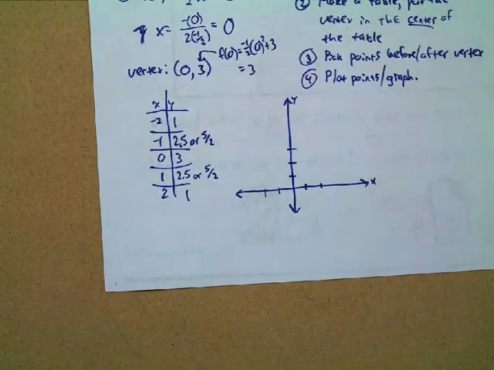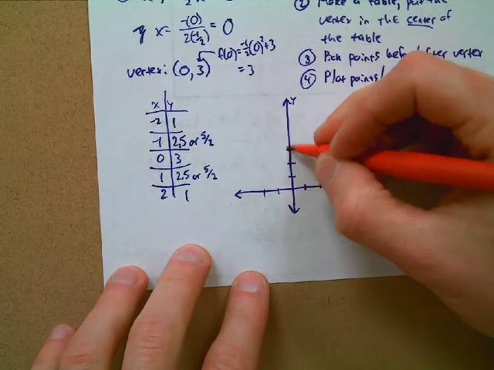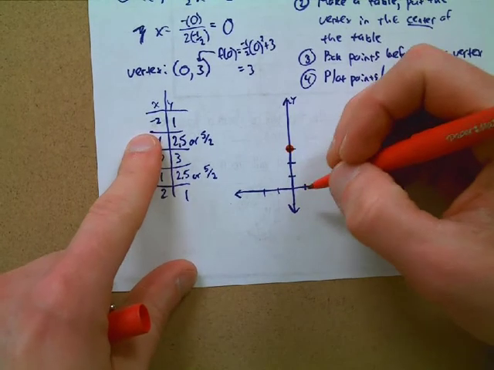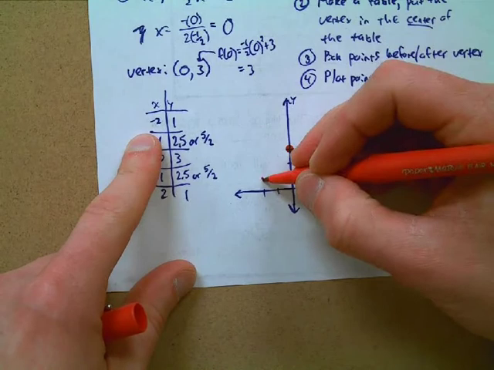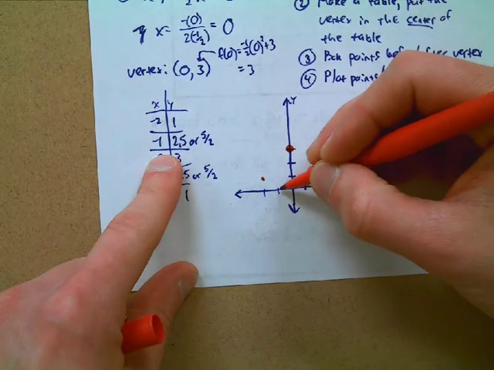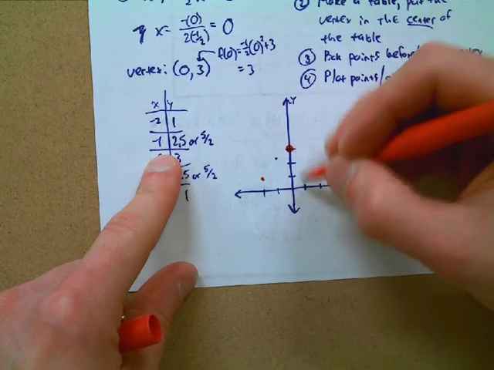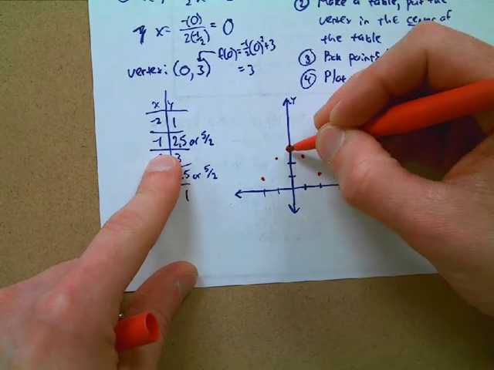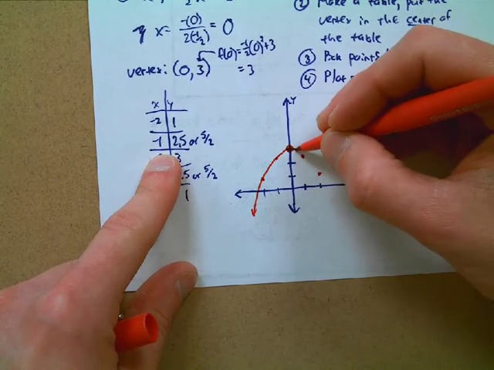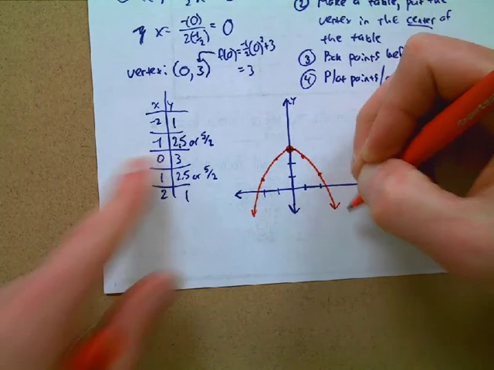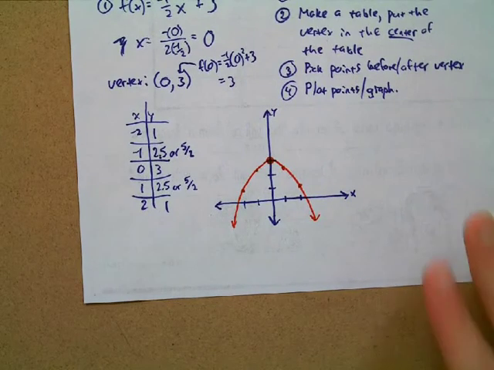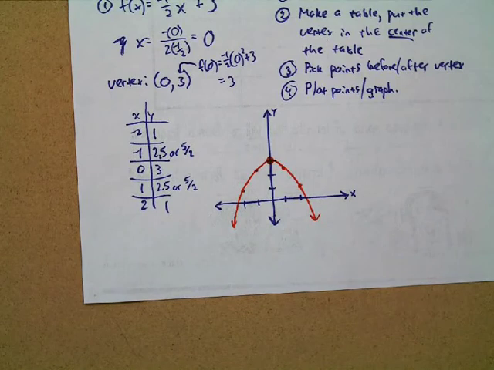Then (-2, 1), (2, 1), and then (-1, 2.5), (1, 2.5). Maybe something like that. And voila, we have our graph.